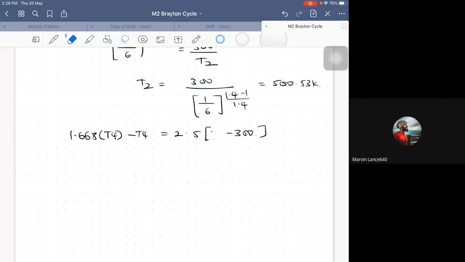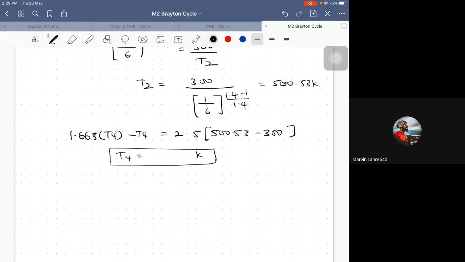So T2 value is how much? It is 500.53. So what is the value of T4 in Kelvin?